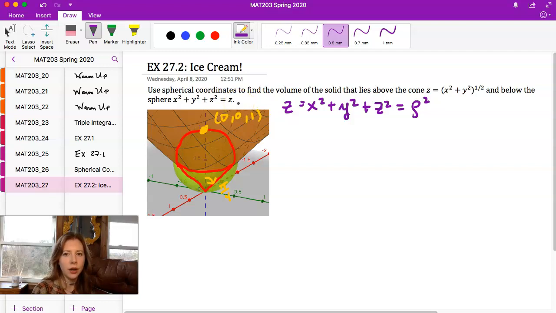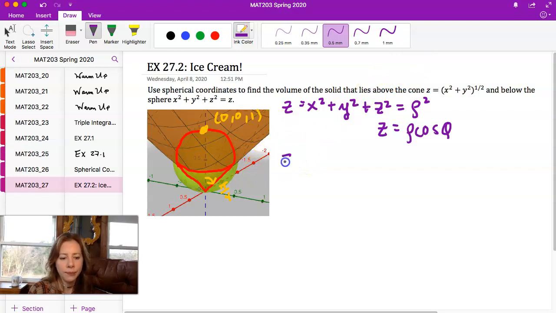Another thing we know is that z is equal to rho cosine phi. So we can rewrite the equation of a cone as follows.